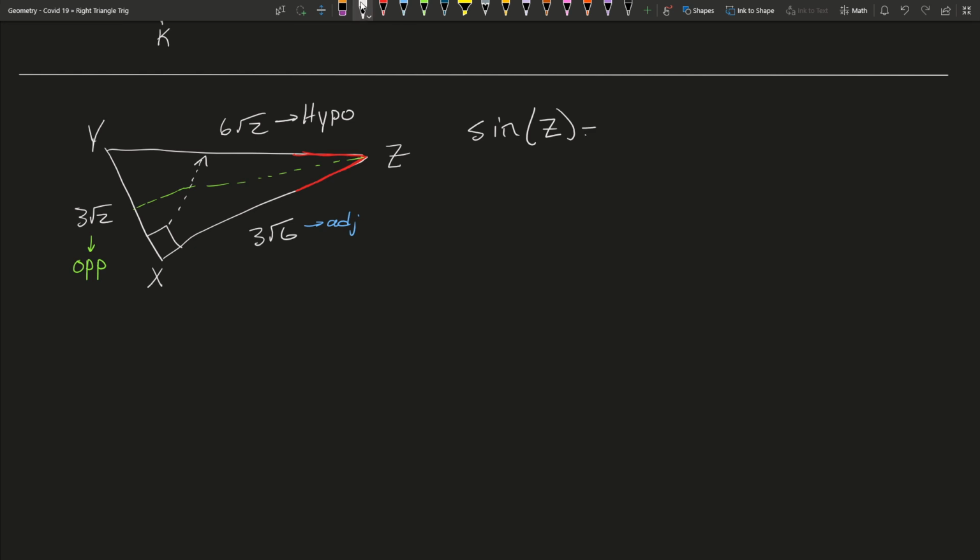And sine is always going to be opposite over hypotenuse, which we already know both those things. The opposite is 3 rad 2. And the hypotenuse is 6 rad 2.